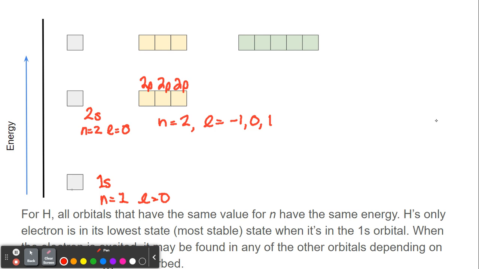So if I have a hydrogen electron hanging out in its 1s orbital, then it absorbs some energy and gets bumped up to a higher orbital. Well, the 2s and the 2p are at exactly the same energy level. There's no difference in energy between 2s and 2p.